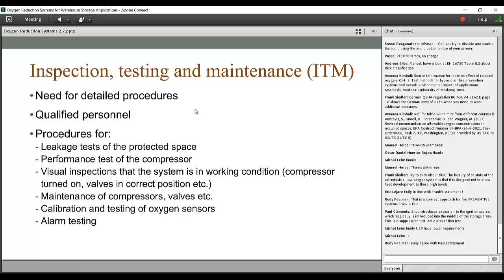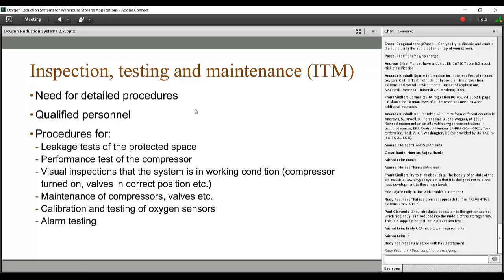When we get to the inspection, test, and maintenance program, you need to have this laid out in a very detailed manner, and you need to have people undertaking the inspection and testing that understand what they're looking for in terms of these tightness issues, in terms of component reliability, performance testing of the different systems, visual inspection of valves, and so forth.